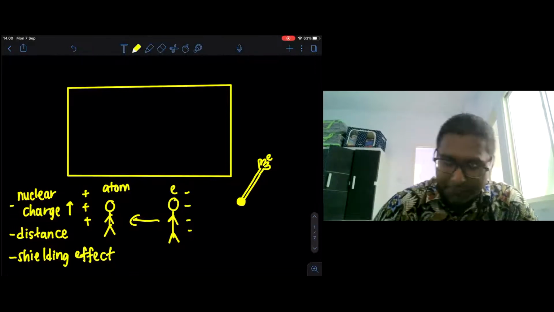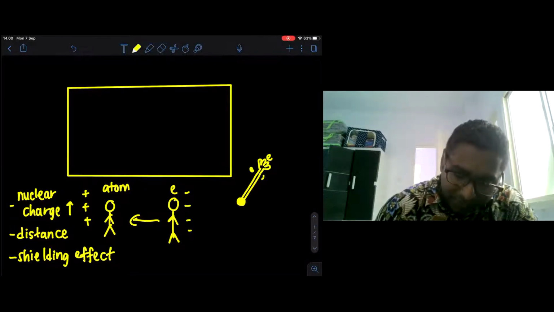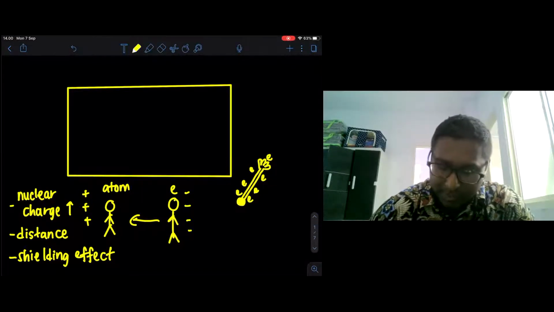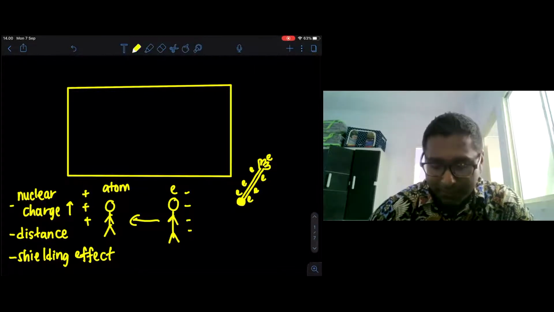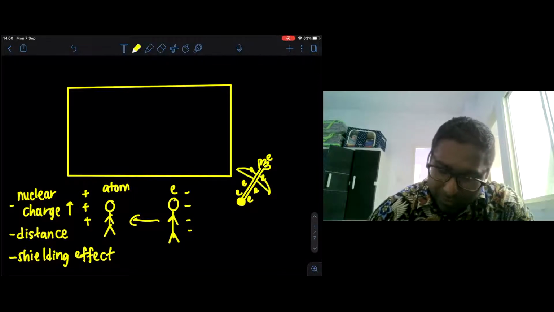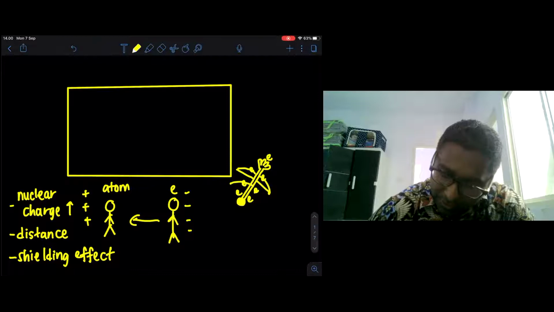If you have a lot of electrons in between, they will behave like a kind of shield that will prevent the nucleus from trying to pull the electrons.